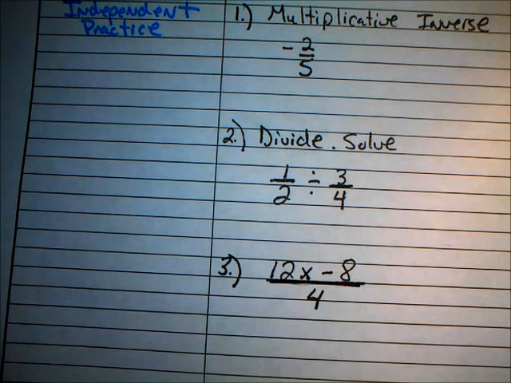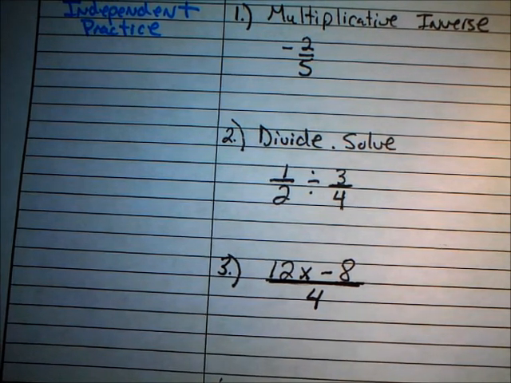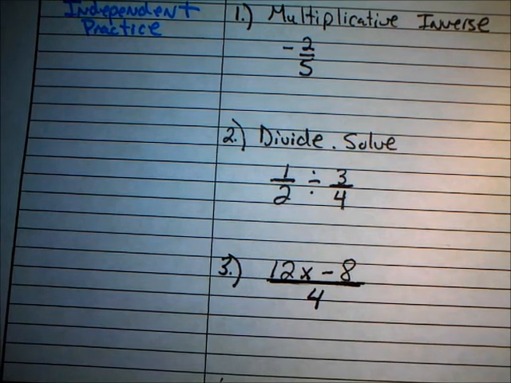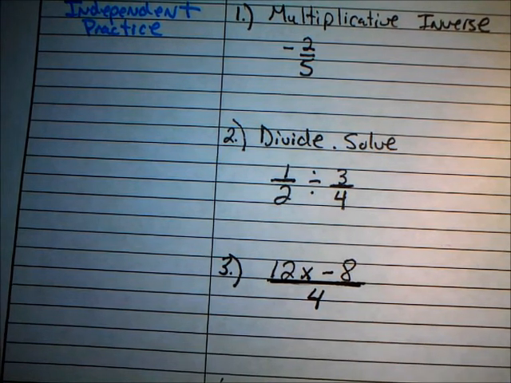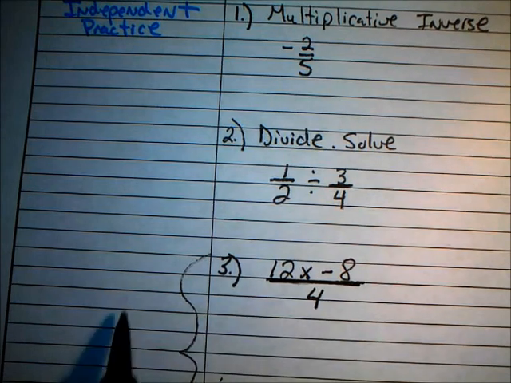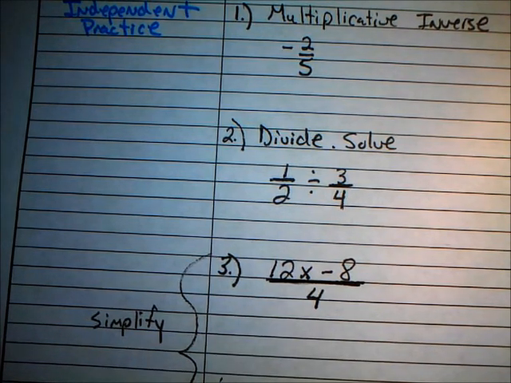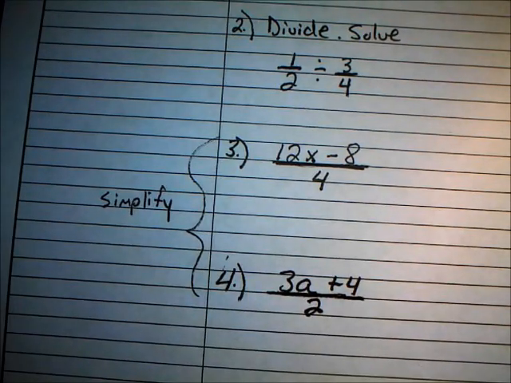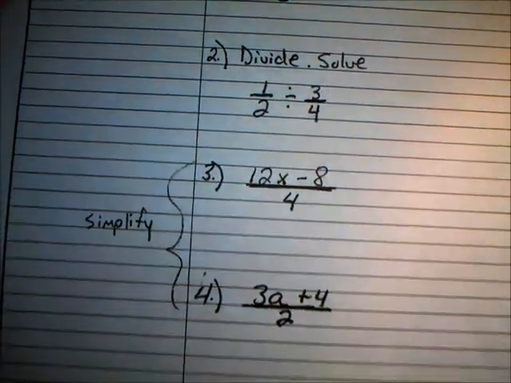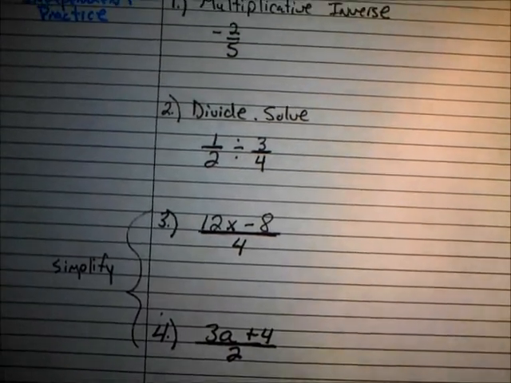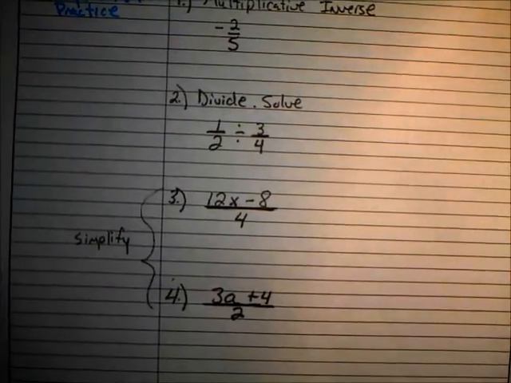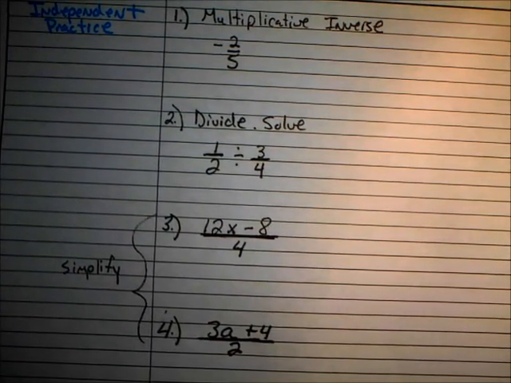And then let me give you your last one: 3a plus 4 divided by 2. And realize these last two, you're simplifying your expression. Alright, there are your 4 practice problems. When you have those completed, I'll give you your worksheet to do in class.